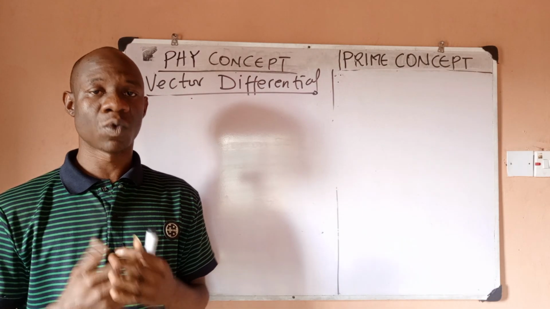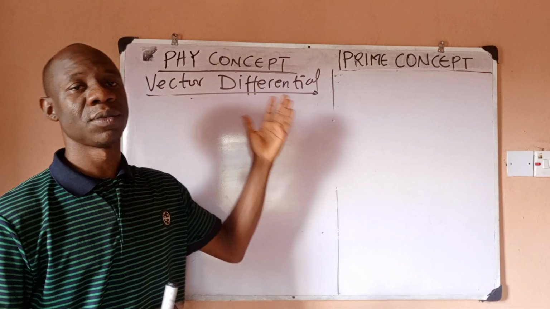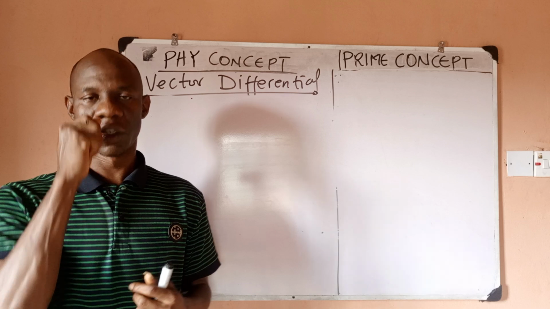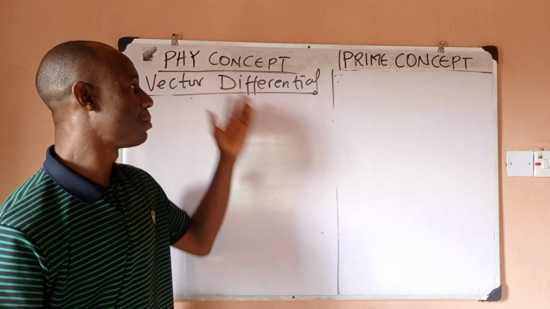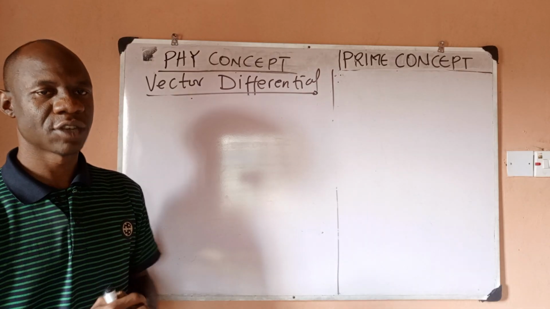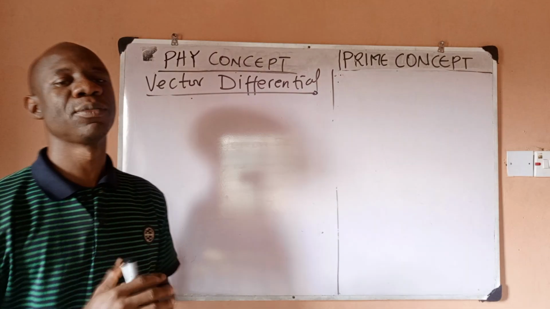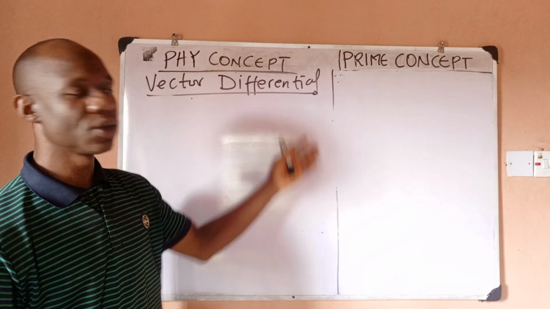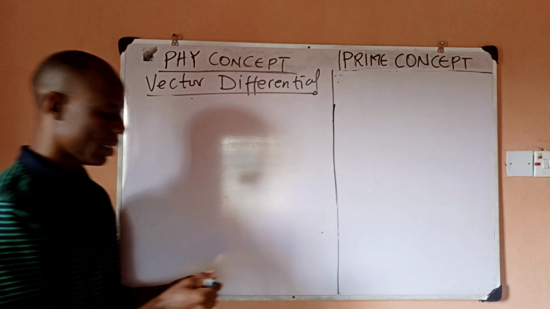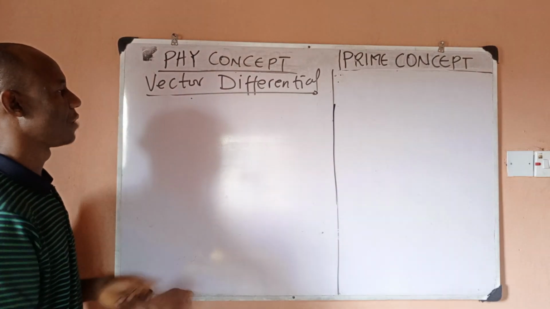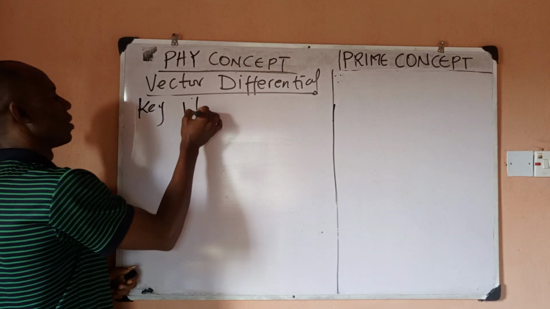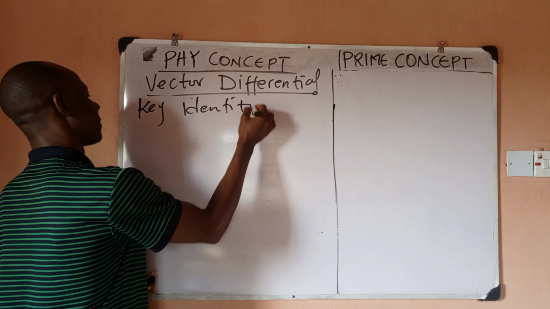And I thought it wise to do a quick summary before I start solving those problems, so that while you're checking those problems, you would really understand from the basic introduction and summary I've done on this. I don't just want to jump into solving the problems without giving you insight about how these things come about. So that is why I'm doing this summary on vector differential. So key identities I want you to note.